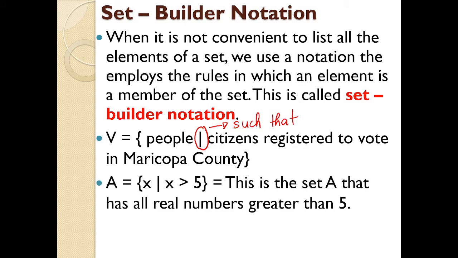Another example. Set A wherein x such that x is greater than 5. Again, x such that x is greater than 5. So this is a set A that has real numbers greater than 5, like 6, 7, 8, 9, so on and so forth. Okay?